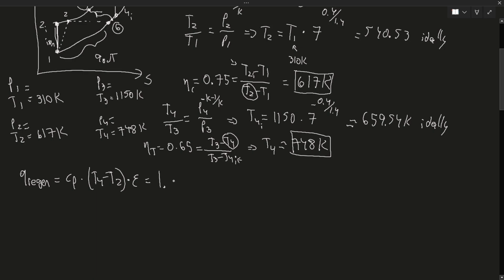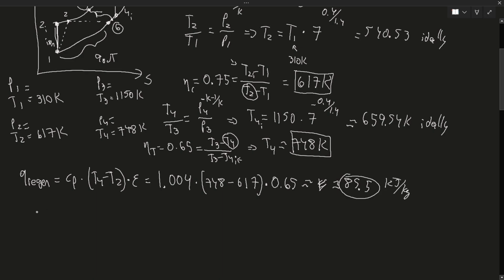So Cp for perfect air is 1.004 times T4, 748, minus T2, 617, times the efficiency, 0.65. This is going to give us a value of about 85.5 kilojoules per kilogram. We have our Q regen.